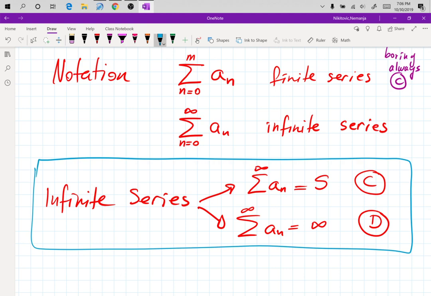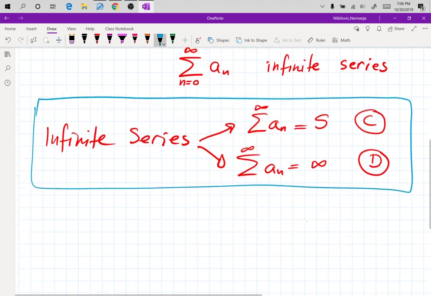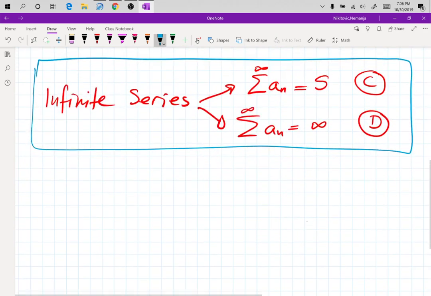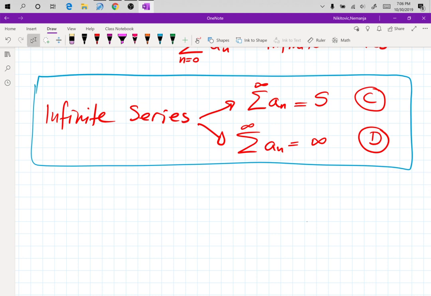For series, you can either do the long way, which I'm going to present now, to see if it converges or diverges, or you can learn the shortcuts, which are presented in the list of the 10 tests provided to you. All right, let's first see what it means for a series to converge. So, what does it mean?